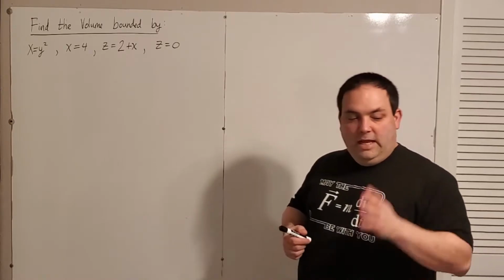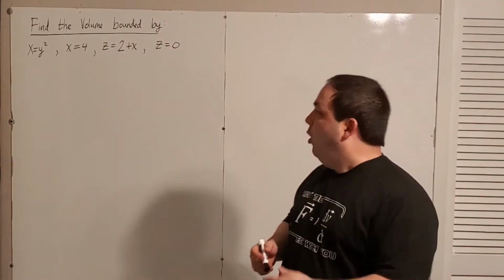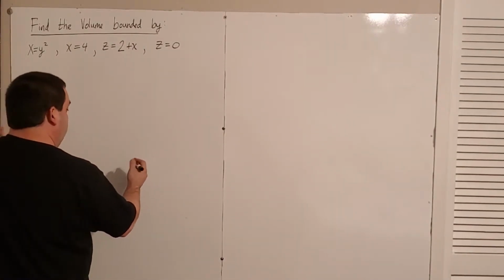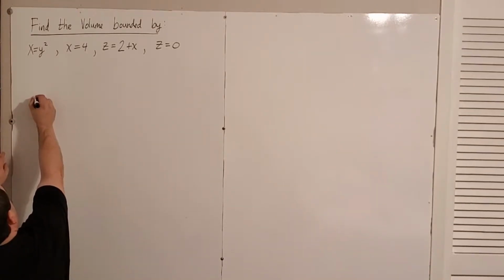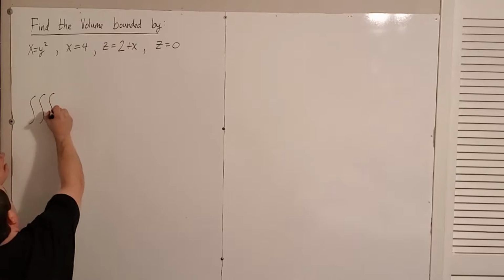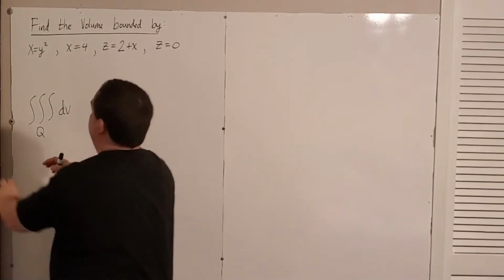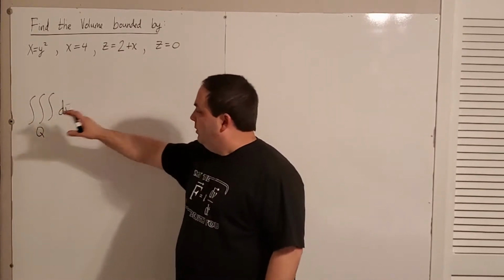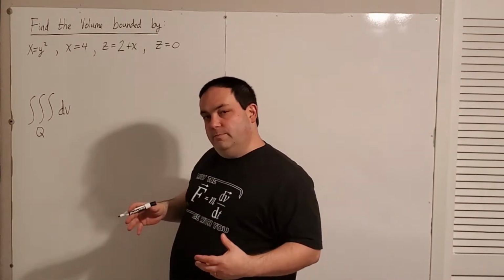So don't forget, if we're doing an integral for just a volume, then all we'll be doing is a triple integral over the region dV, right? This is all that we're going to actually be doing. But then we're going to want to convert that into our iterated integrals, okay?